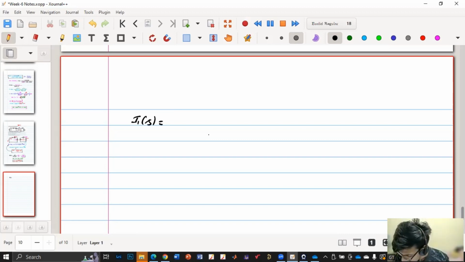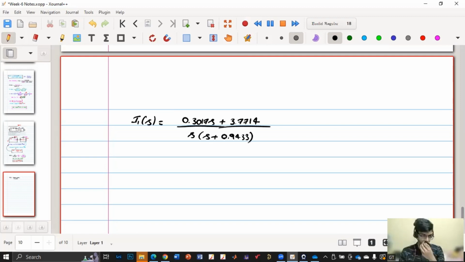It will be 0.3017 s plus 3.7714 by s into s plus 0.9433. Again, there was some constant in the denominator, like the coefficient of s square is not 1, so I have divided by that coefficient to make sure it is 1.